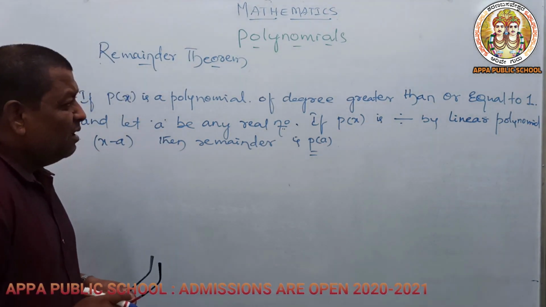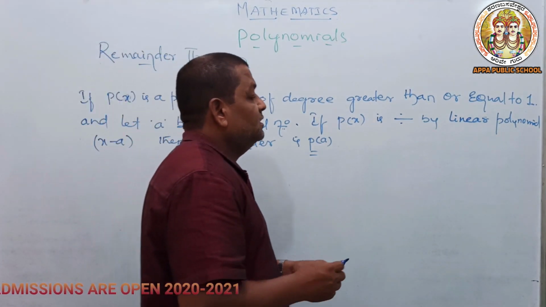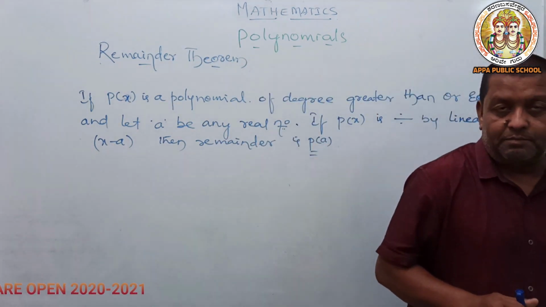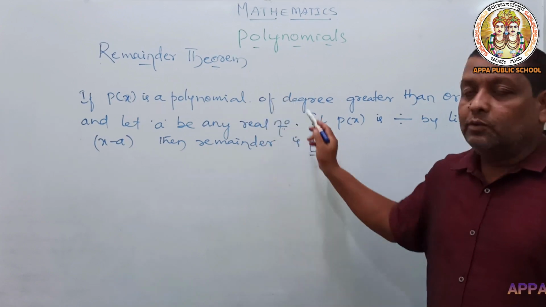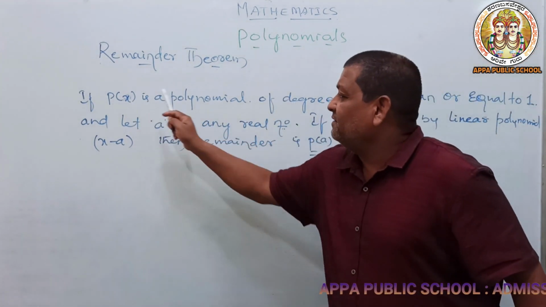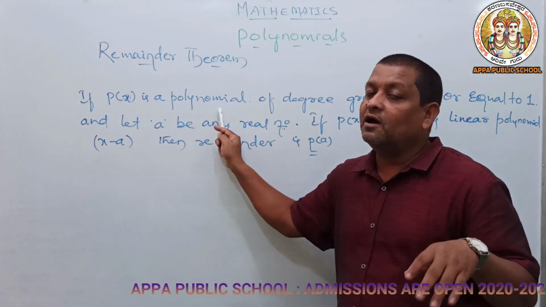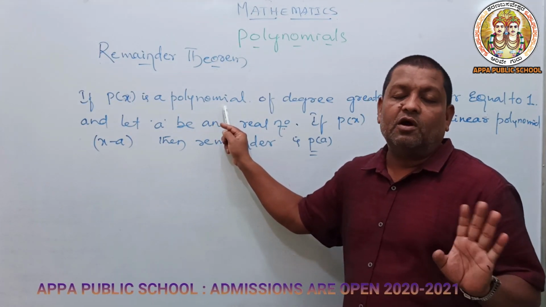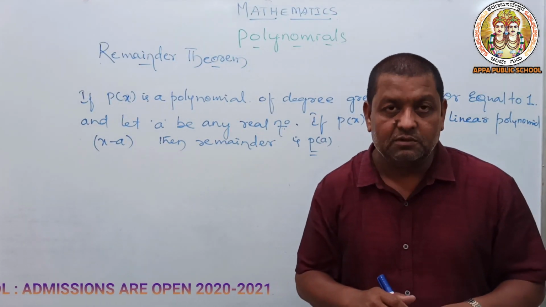Okay, so let me explain with examples. This is the statement. P of x is a polynomial. Definitely the degree is equal to 1 or more than 1. It does not accept less than 1. I already told this in the polynomial definition.